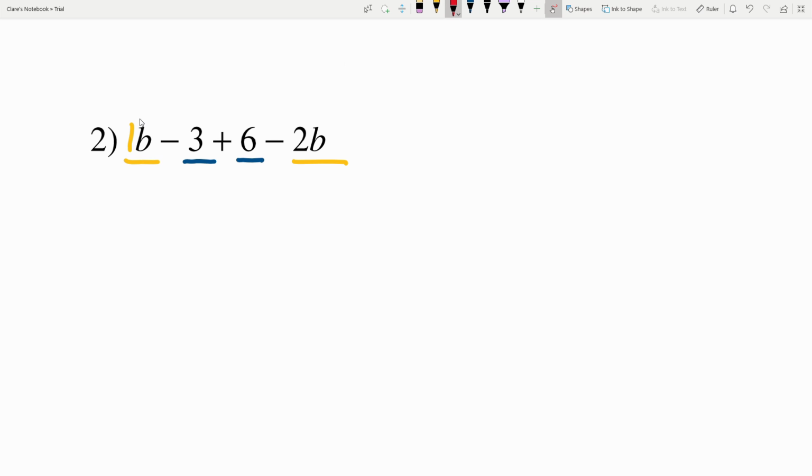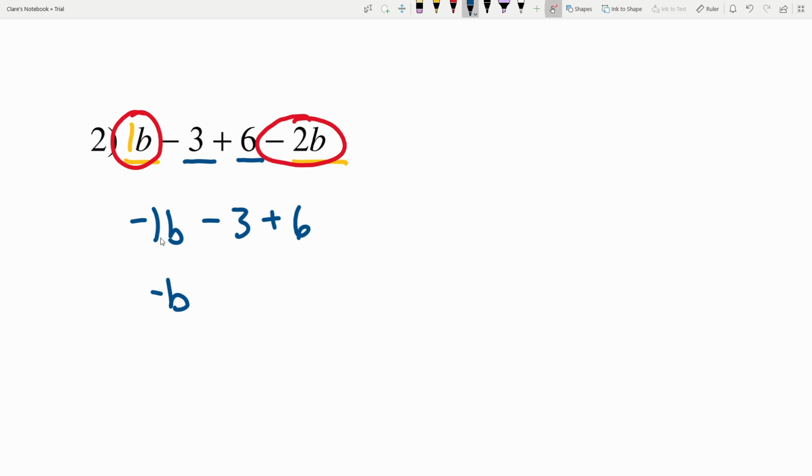So we have 1b, and we're subtracting 2b, because this subtraction goes with this 2b. If I have b minus 2b, that's going to leave me with a negative 1b. And then I'm still subtracting 3 and adding 6. Now, negative 1b, we can simply write as negative b, because negative 1b is the same as negative b.